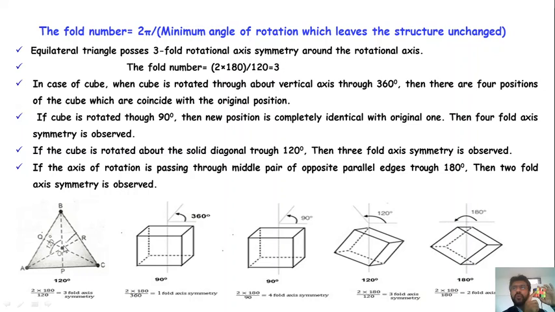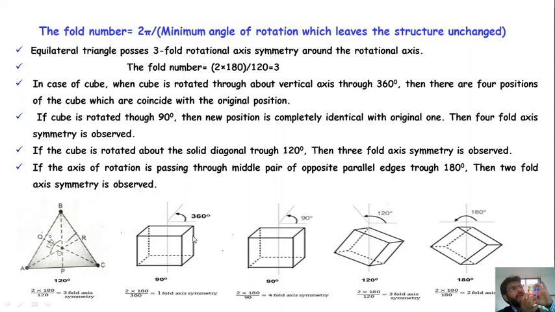Then we observe the 4 positions, and at these 4 positions there are different types of fold axis symmetry. The first one is if the cube is rotated through 360 degrees.